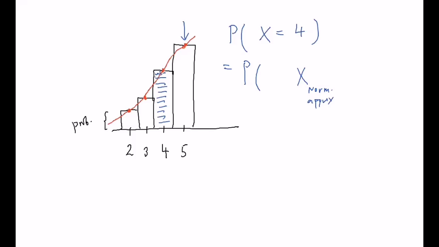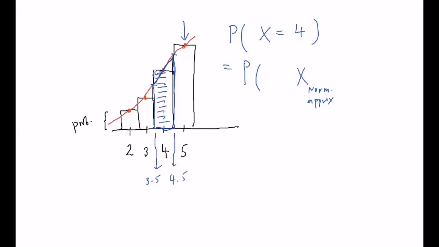Now you watch carefully. If you take this red curve and do the integral, like the area under the curve for the red one, what do you see here? It's this piece. The area under the red line from here to here will give you this piece. This integral is going from 3.5 to 4.5, in between 4 and 5, and the base is of length 1.